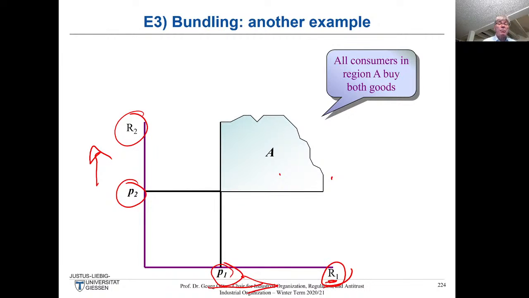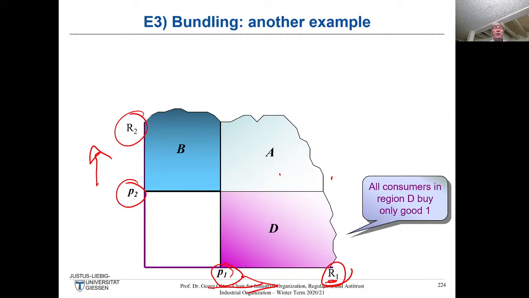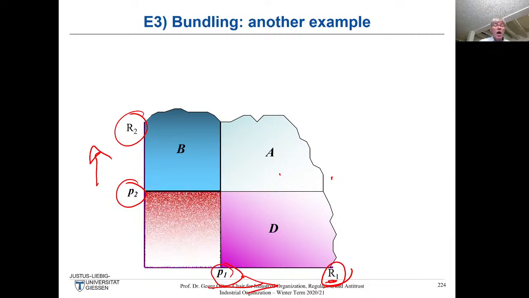So they will buy both products. These guys here won't buy product 1, but they will buy product 2. These guys here will buy only product 1. Okay, all consumers in region D buy only good 1, and these guys don't buy anything. Okay, so that's what we have.